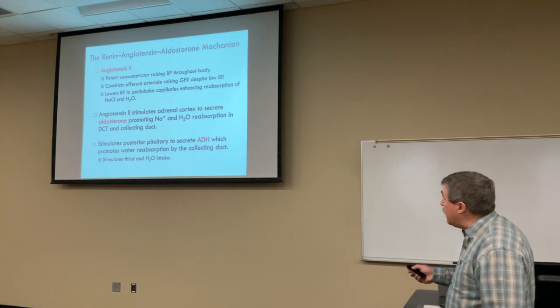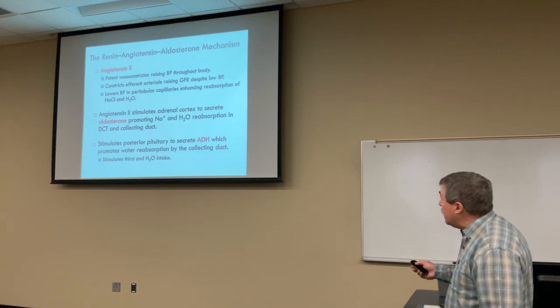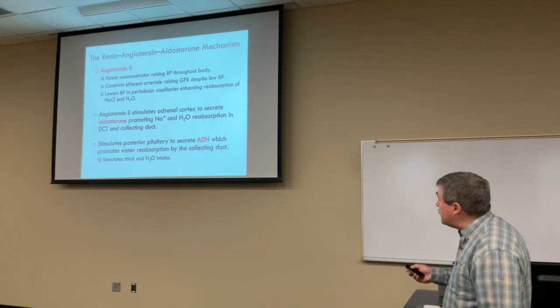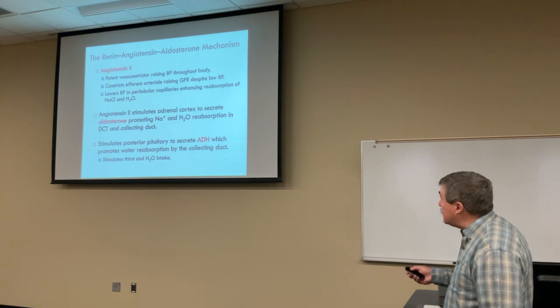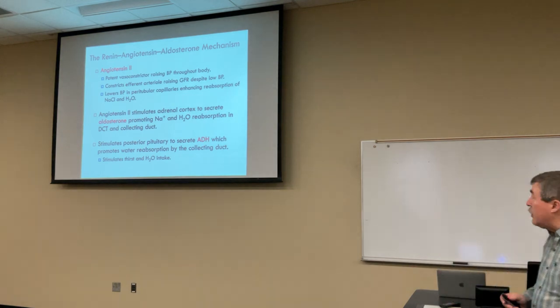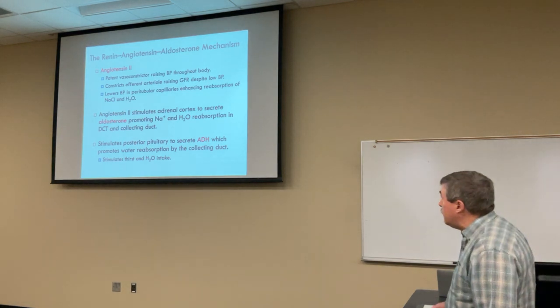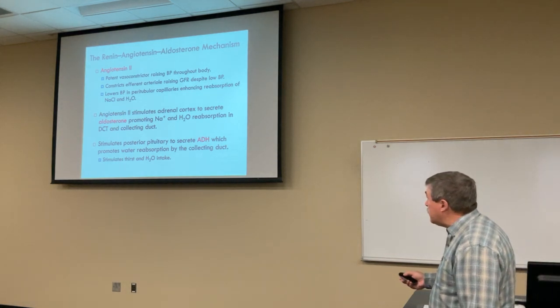And it lowers blood pressure in the peritubular capillaries, enhancing reabsorption of sodium and water. It also stimulates the adrenal cortex to secrete aldosterone, promoting sodium and water reabsorption in the distal convoluted tubule and collecting duct. And it stimulates the posterior pituitary to secrete ADH, which promotes water reabsorption by the collecting duct.